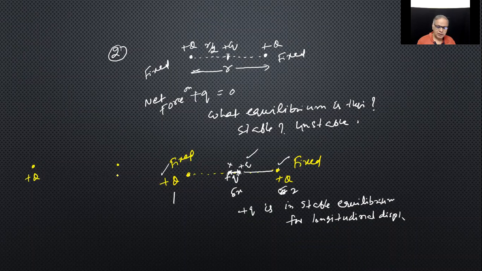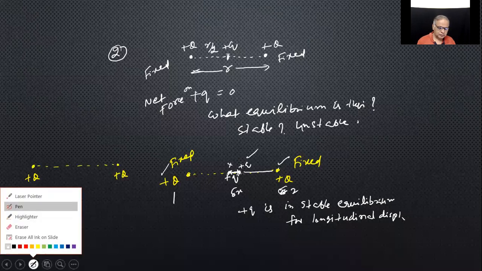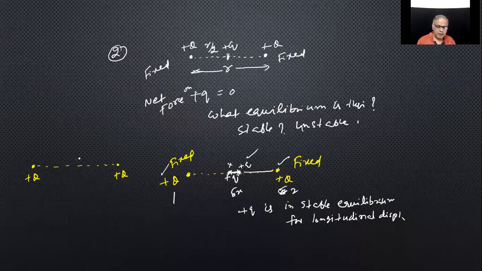Plus q here, plus q here. Now, if I placed minus q, tell me, Vamshi, again. I moved minus q slightly this side. What will happen to minus q?